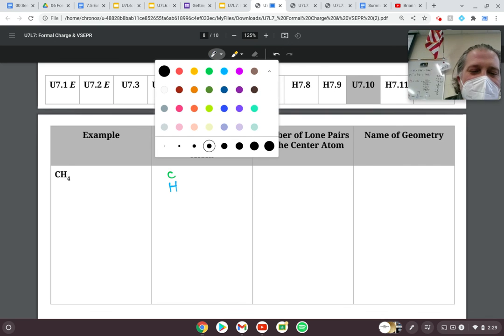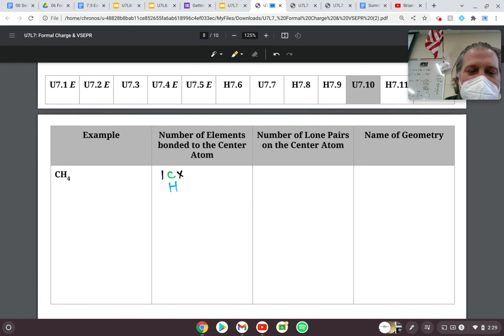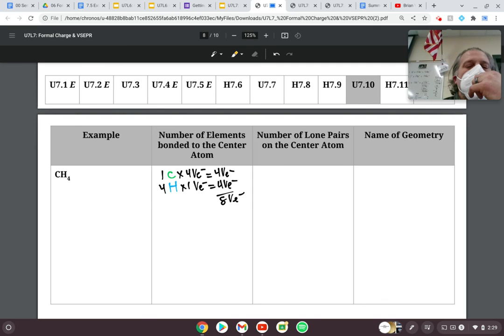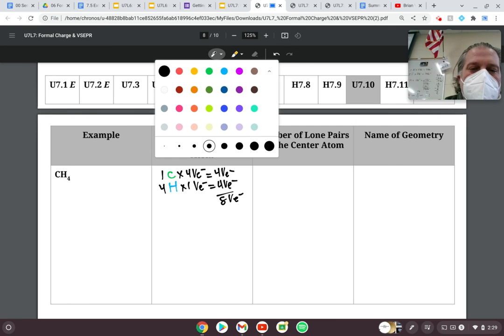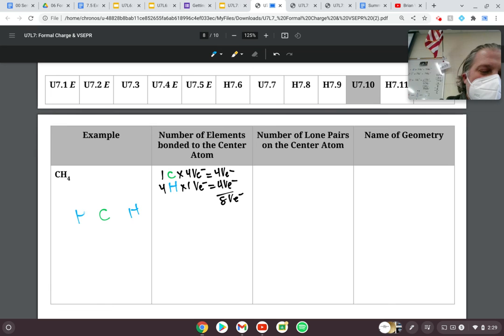All right, so here's our structure. I've got 1 carbon times 4 valence electrons, 4 hydrogens times 1 valence electron for 8 valence electrons. I'm going to take my carbon, put it in my middle. I'm going to attach my hydrogens to it.